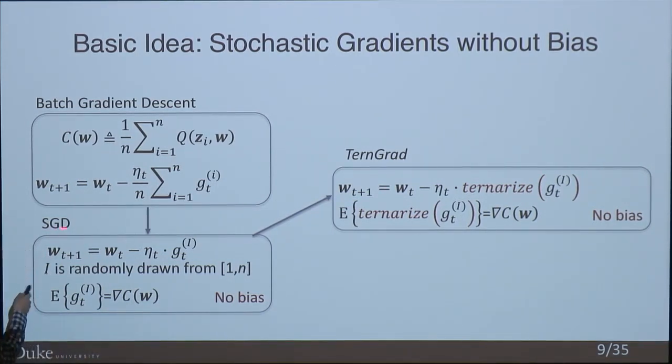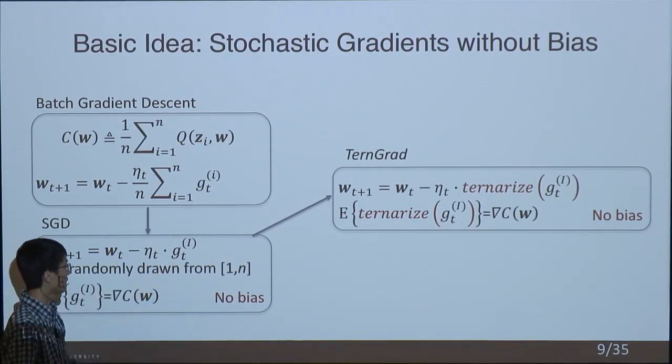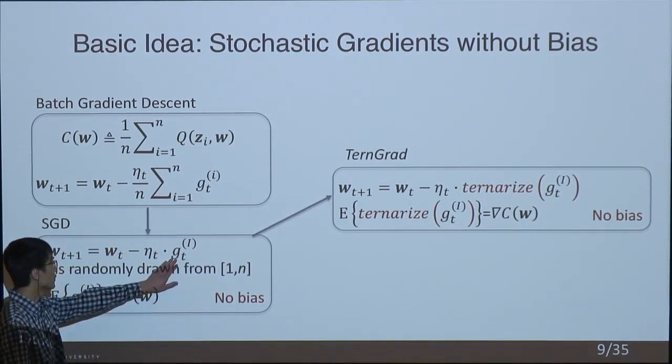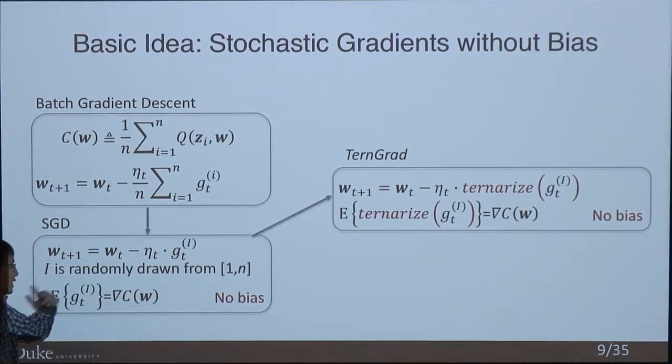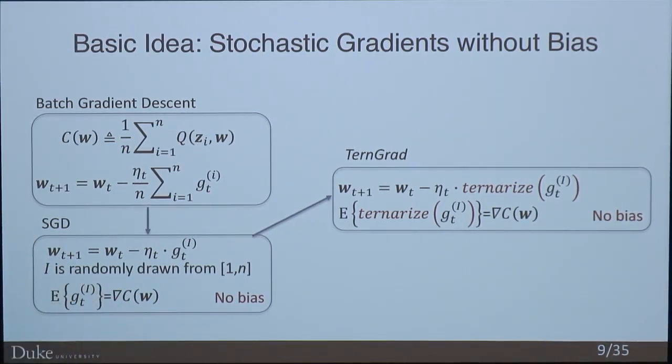So in deep learning, we usually use a stochastic version. We randomly sample from the data set and use the sample gradients to estimate the original batch gradient. It works well because one reason is that the expectation of the gradients is the original batch gradient.